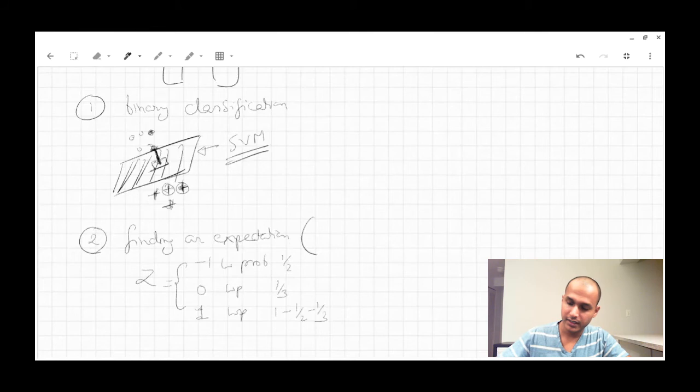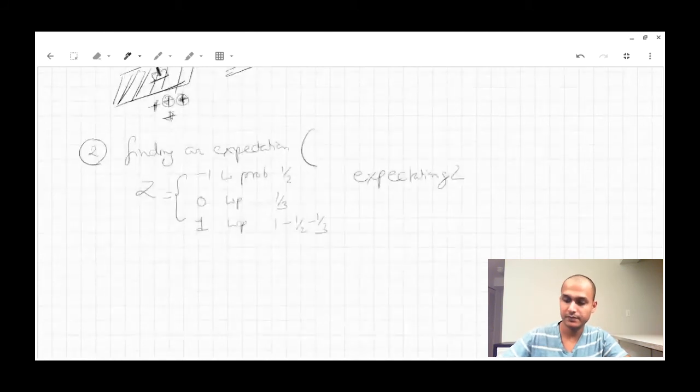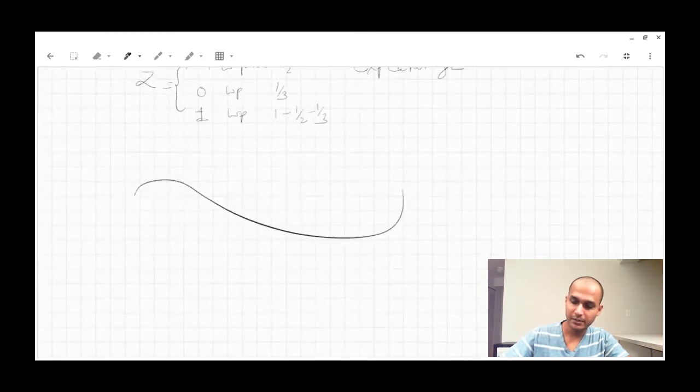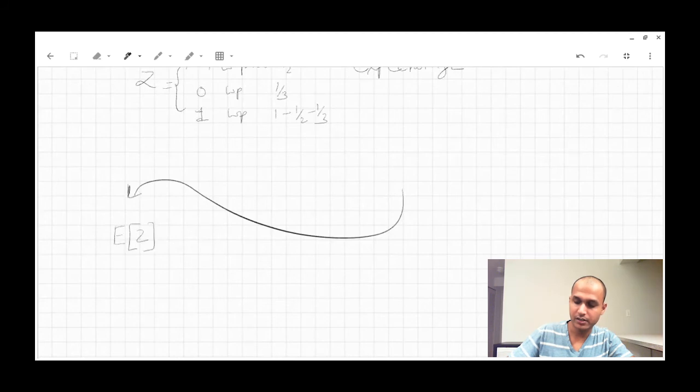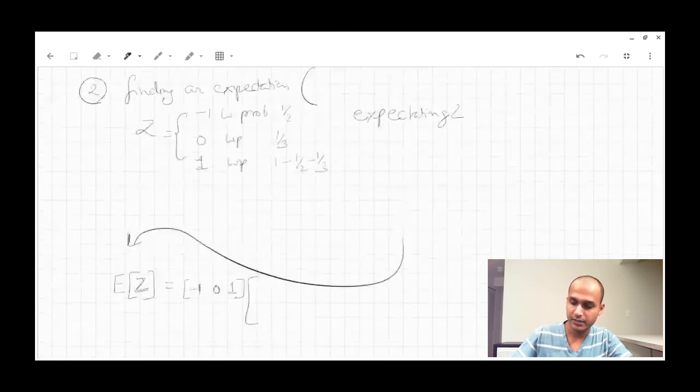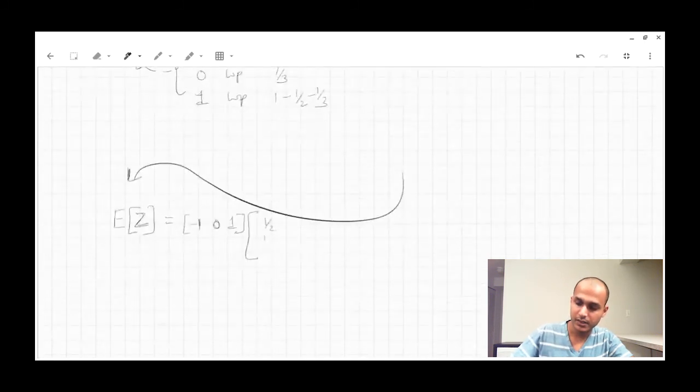Then the expectation of z, which is the standard notation to represent an expectation, is going to be equal to this dot product: (-1, 0, 1) times (1/2, 1/3, 1 minus 1/2 minus 1/3).